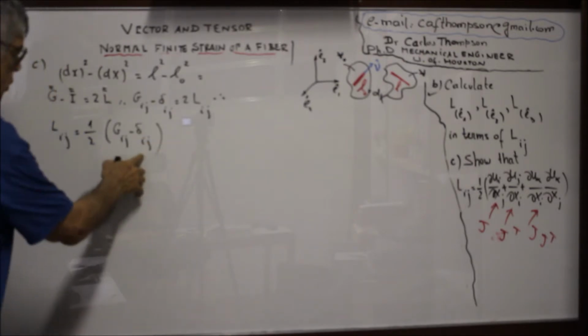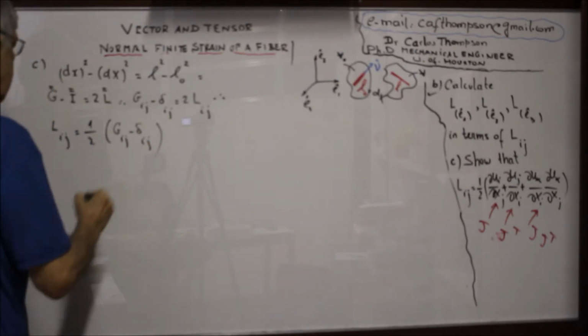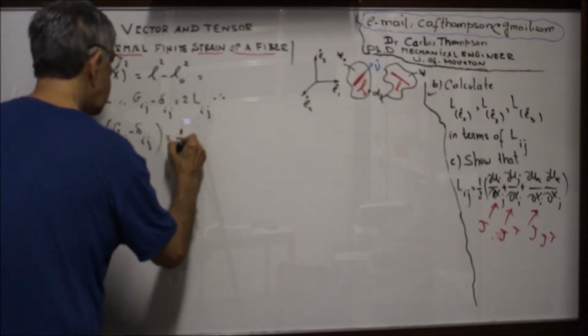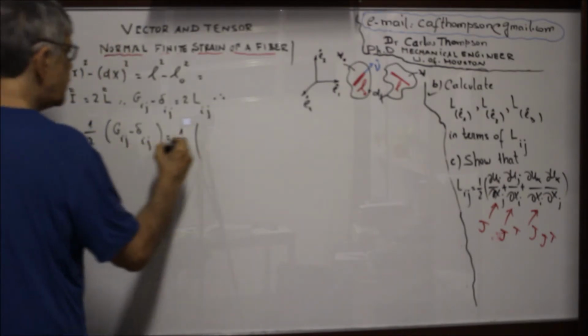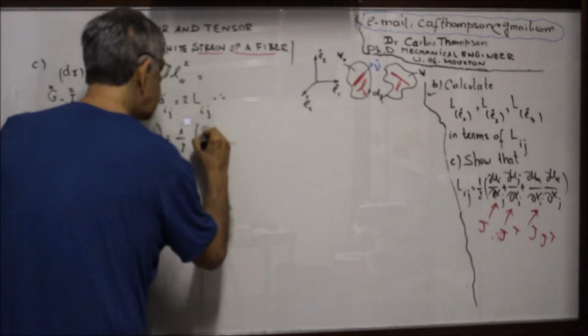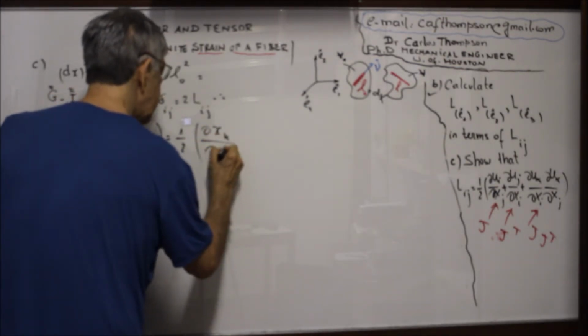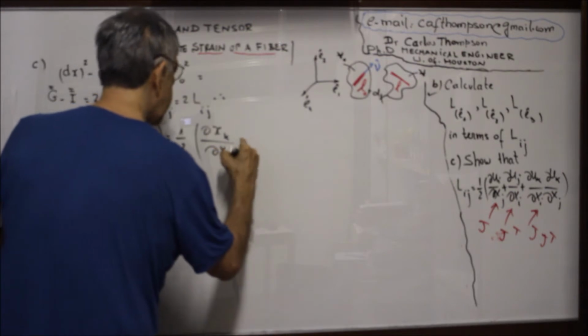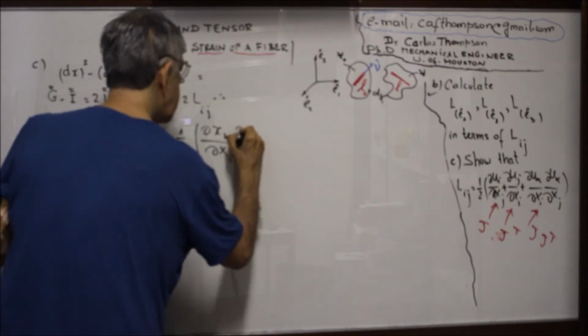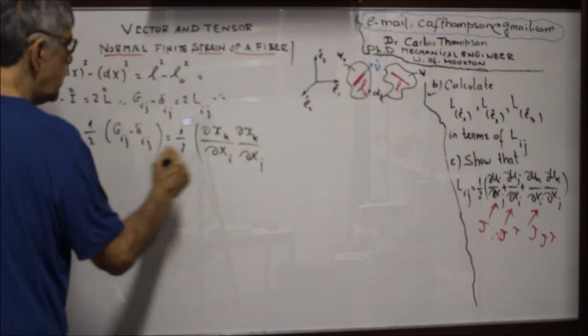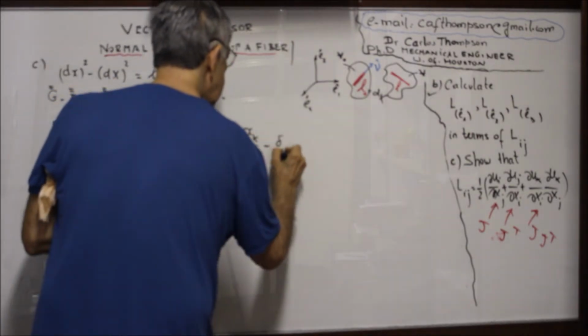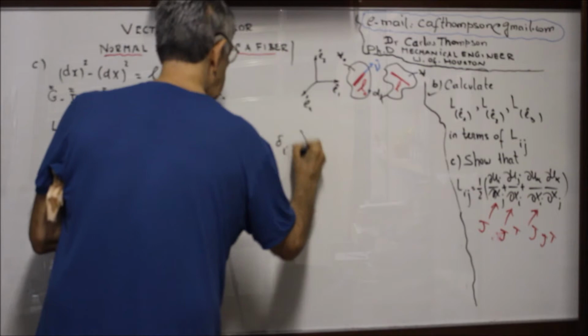And see, this is a Kronecker delta. Now we can write this as 1/2 of, that's right here, what is G_ij? Remember this: partial x_k with respect to capital X_i, this is partial x_k with respect to X_j. This is G_ij minus delta_ij.